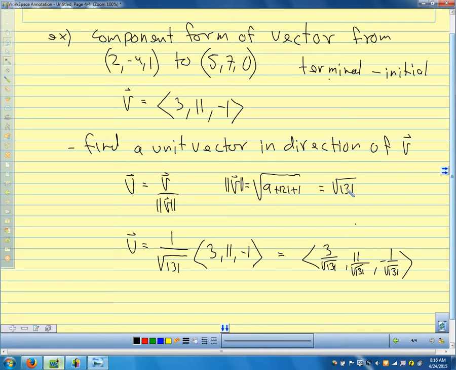Oh, this is our original vector. So we're taking that vector and dividing by its magnitude. We divide each component by the magnitude. And instead of writing it that way, I can just factor out the 1 over the square root of 131 and put it out front. The 1 over the square root of 131 is the same as dividing by the square root of 131.